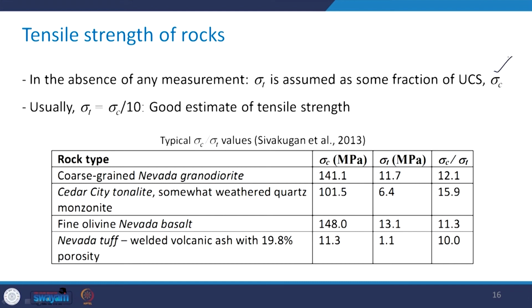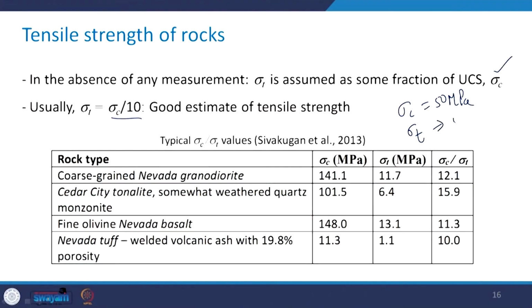That means we have conducted, let us say, UCS in the lab, and we do not have any means to carry out this Brazilian test, then usually sigma c upon 10 can be taken as the tensile strength. That is a good estimate of the tensile strength.